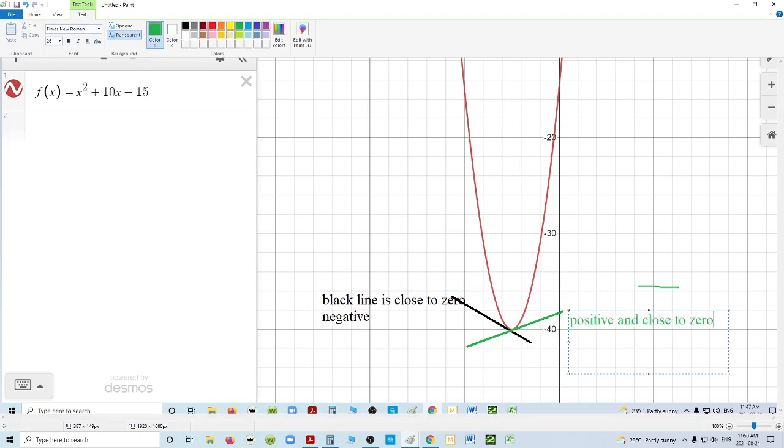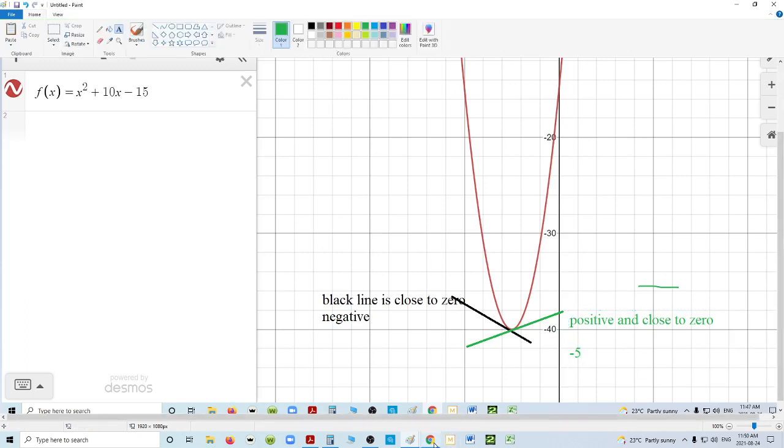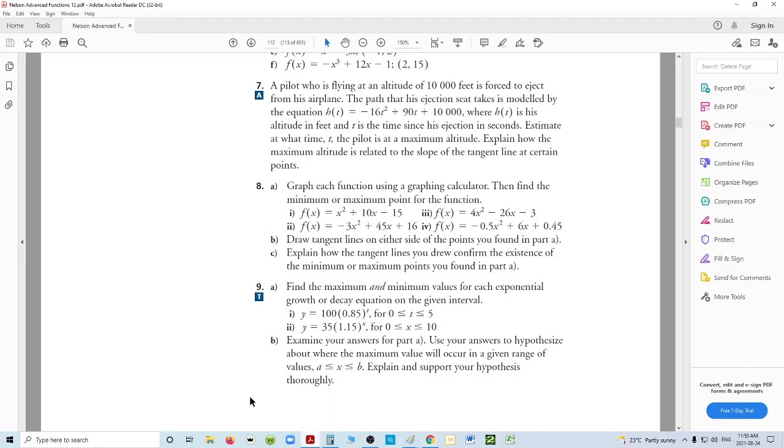And that proves that minus 5 is most likely, not for certainty, but with approximation, the answer. And why can't we conclude exactly? Because even with h, we don't quite have 0. We just have very close to 0. But there's very strong indications. Of course, the graph tells us, but they're trying to teach you how to figure this out.